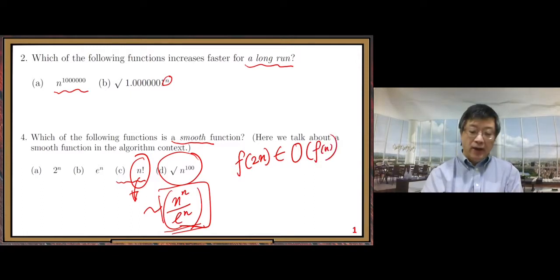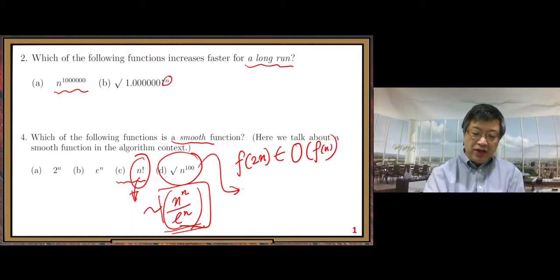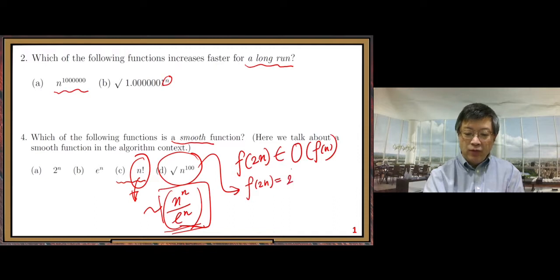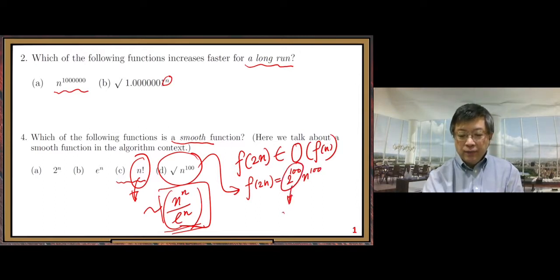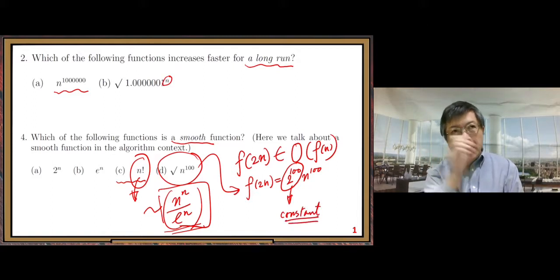And this one you can see easily. f of 2n for this case is 2 to the 100 times n to the 100. Can we treat this as a constant? It's a big number, but we can treat it as a constant.